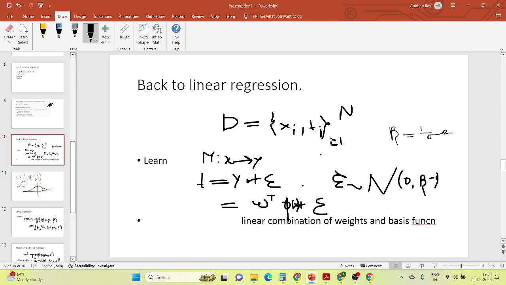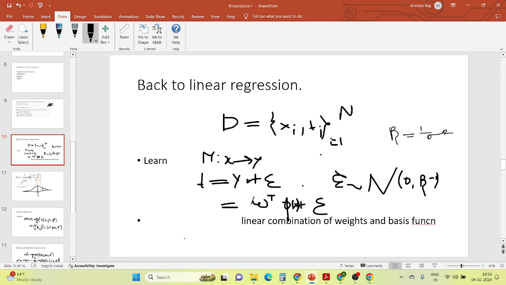And in the previous class you have seen that y, the hypothesis here, is the linear combination of the weights or parameters and the basis function. This phi of x can be any type of function.